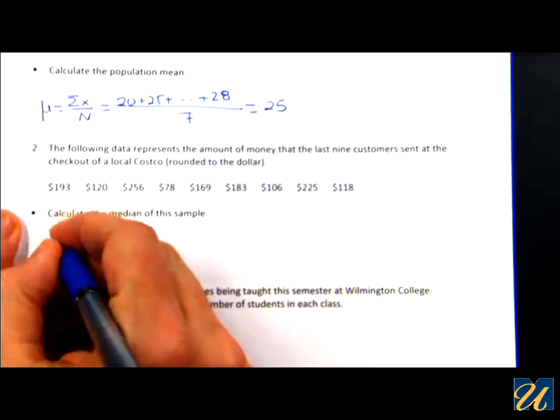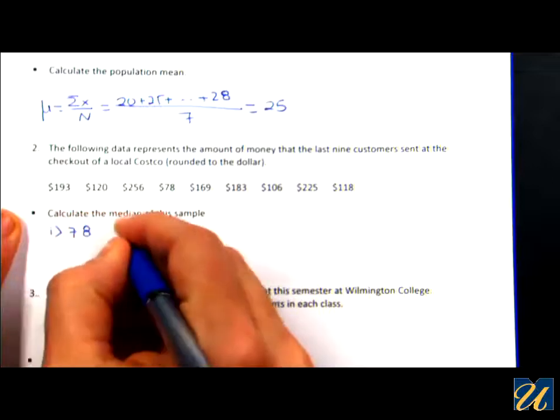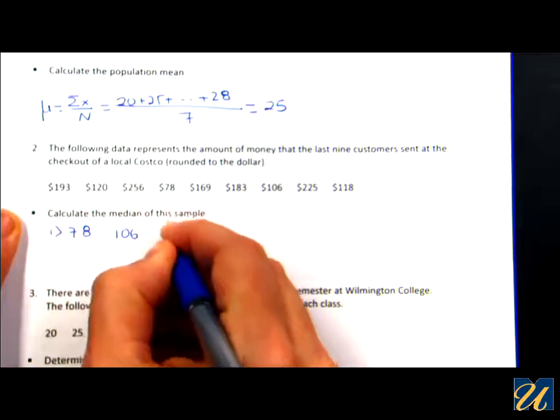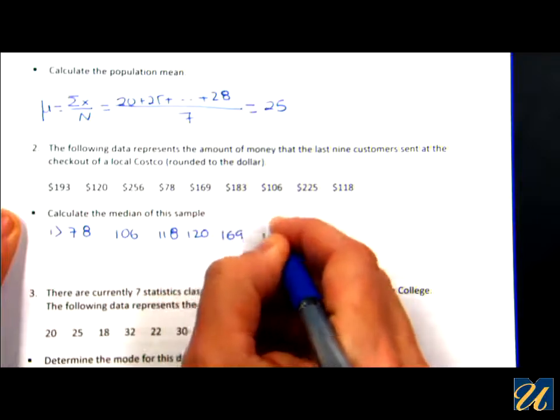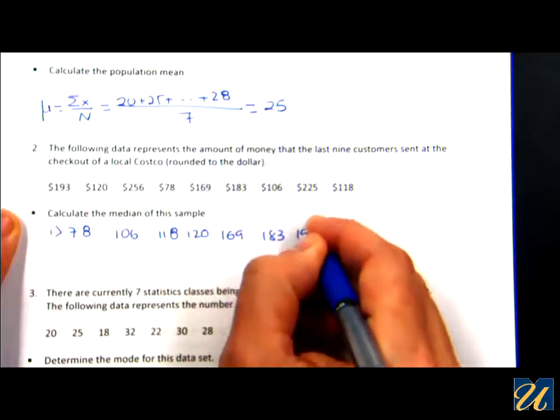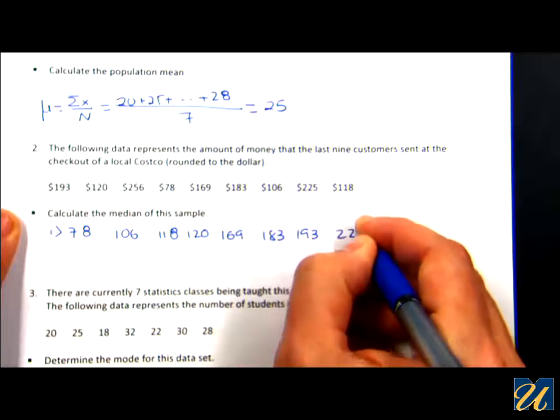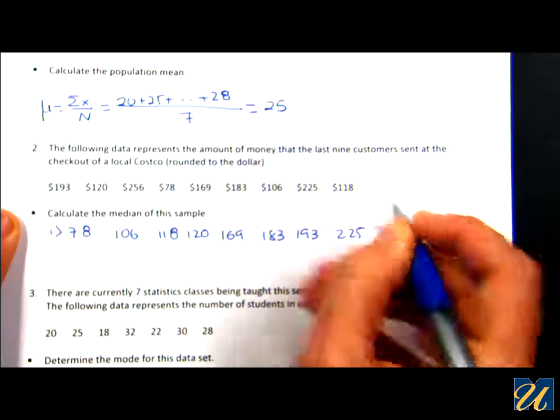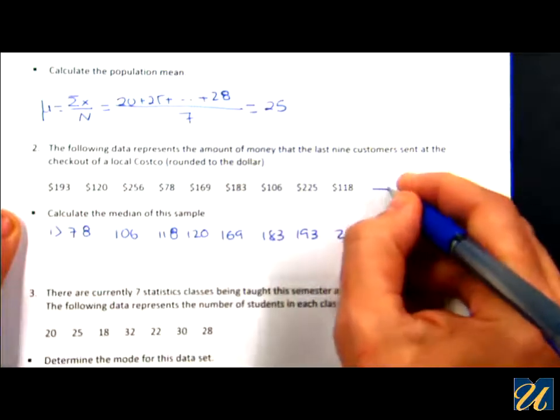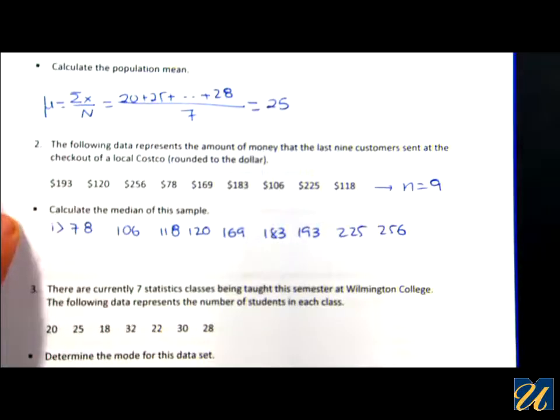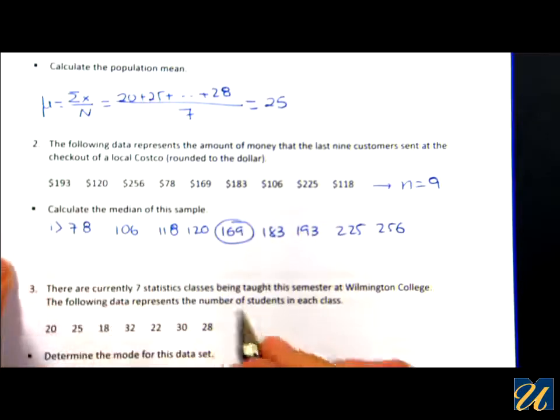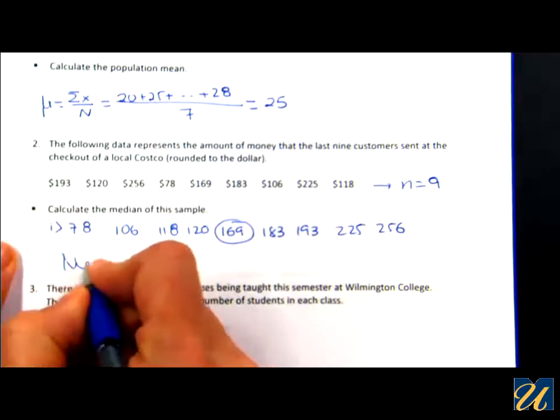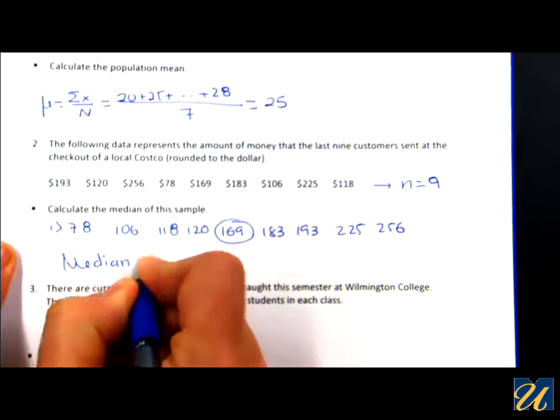So first off, we place the data in order: 78, 106, 118, 120, 169, 183, 193, 225, 256. We have n equal to 9, an odd number. Therefore, we take the value in the middle. The value in the middle is 169. So the median will be equal to 169.